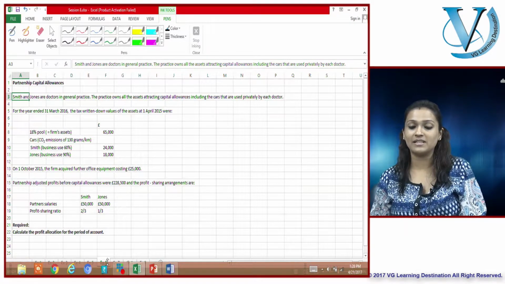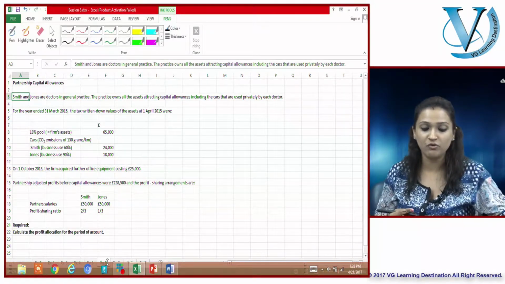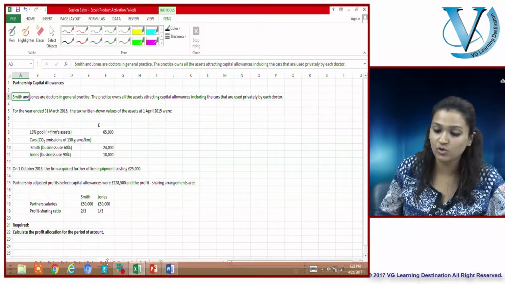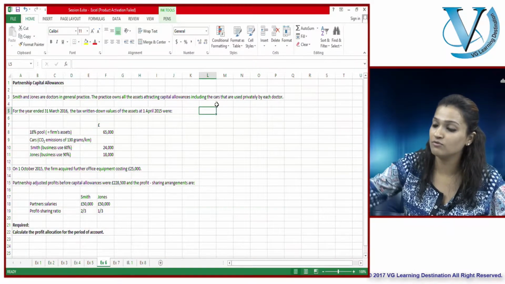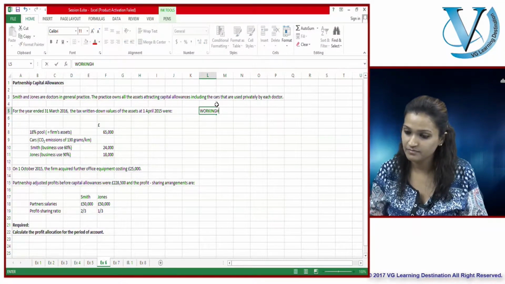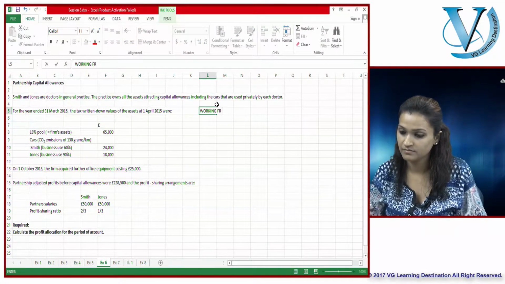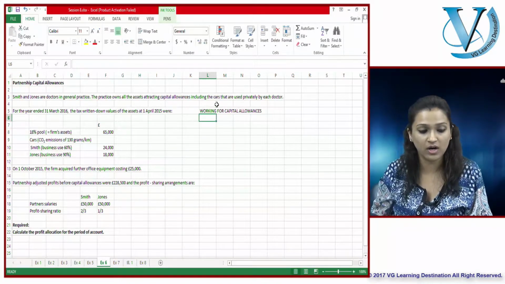Salaries are given to us and the profit sharing ratio has been told to us. So what we need to do first is calculate the working for our capital allowances. So let's first do the working for capital allowances.